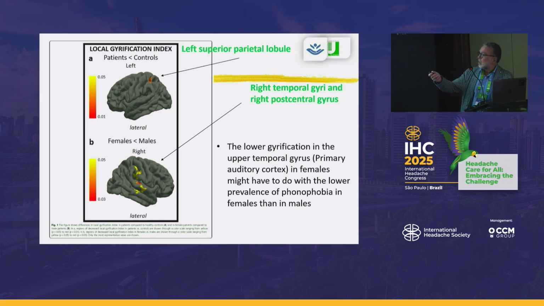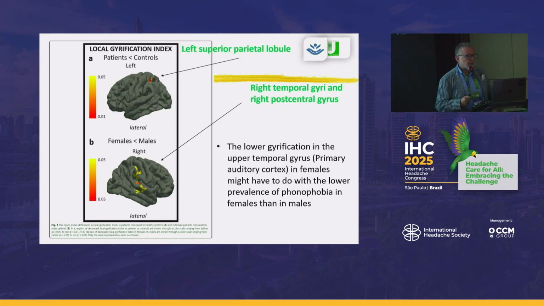As for the local gyrification index, we found in patients a reduction as compared to controls in the left superior parietal lobule, and among patients, in females, there was a reduced gyrification index in the right temporal gyri and in the right posttemporal gyrus.